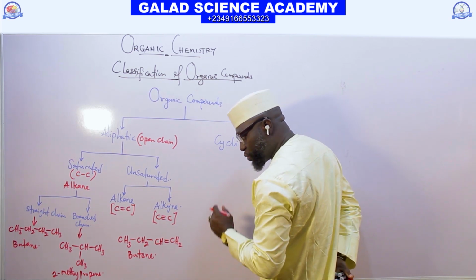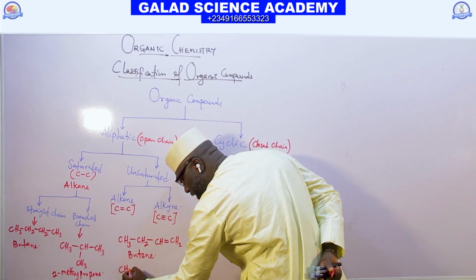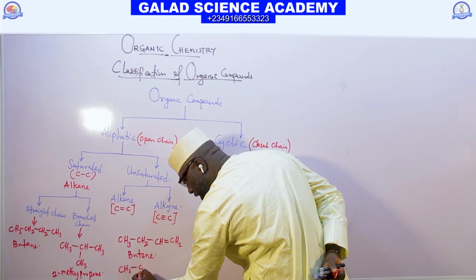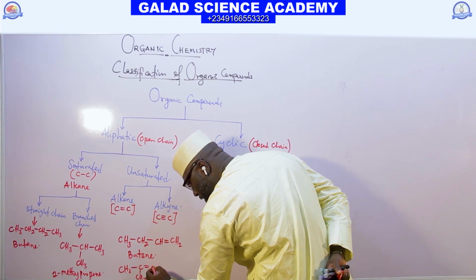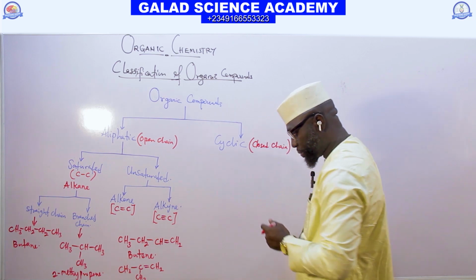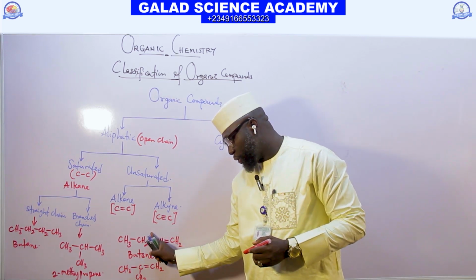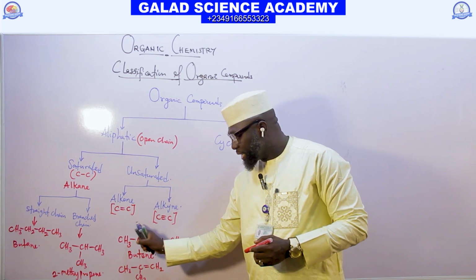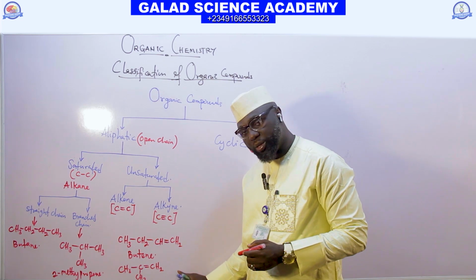So this butene can also occur in a branch form. Let's check it. CH3, CH, CH3 here, double bond, CH2. Look at this structure. This second structure is related to this first one. The number of hydrogen and the number of carbon atoms is the same.